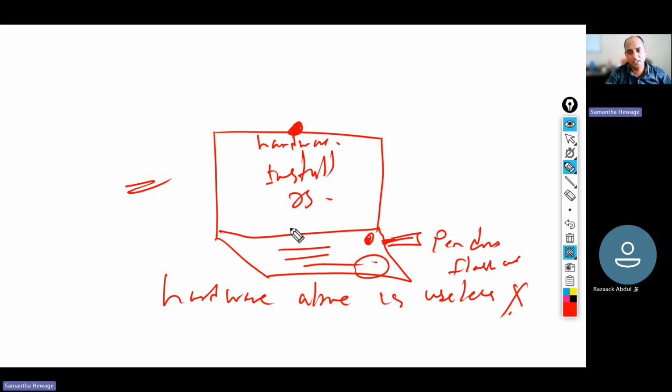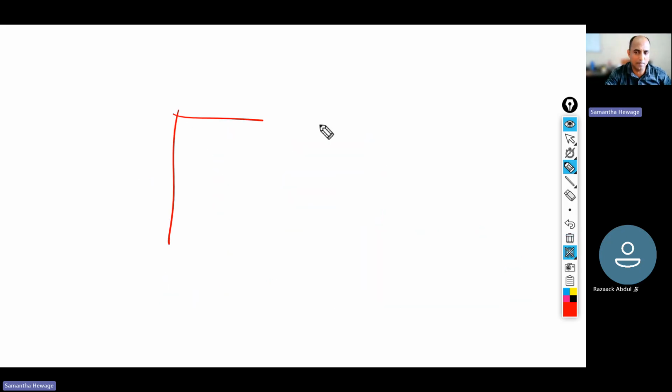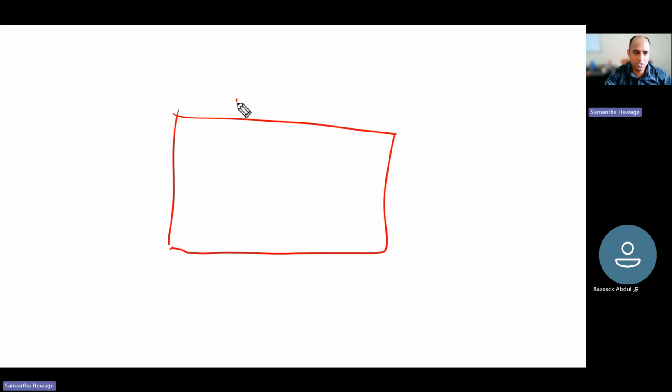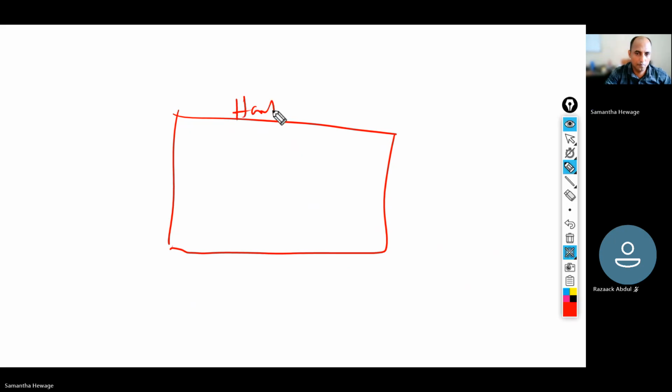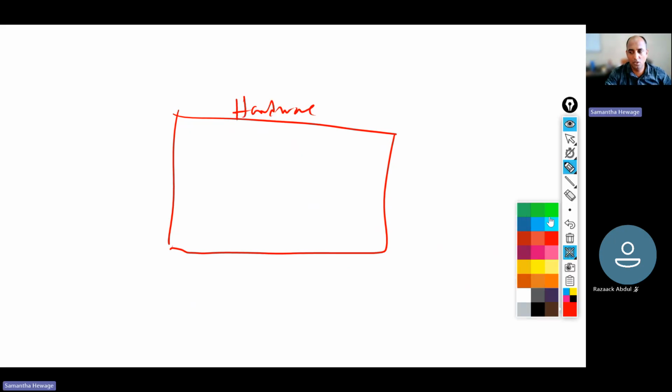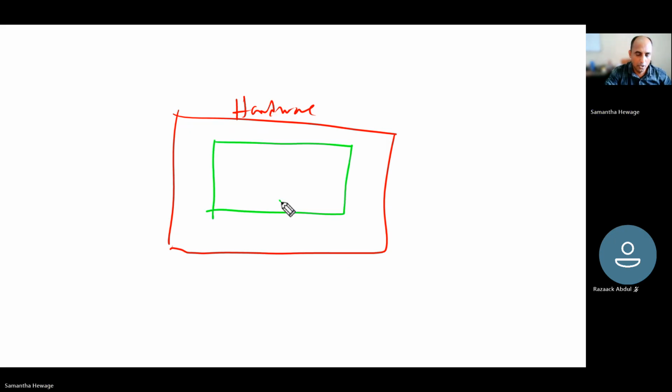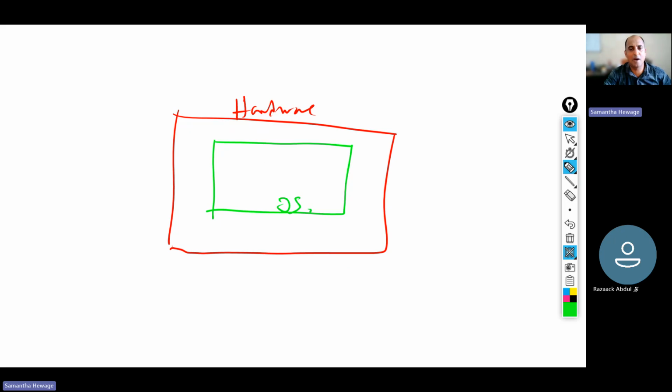So that means if you install the operating system into the hardware, this is the hardware part, then only the hardware gets the power to work. Okay, Windows.